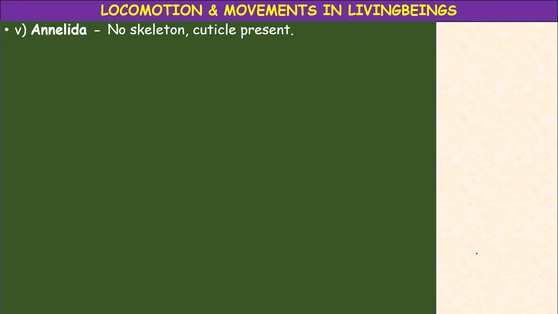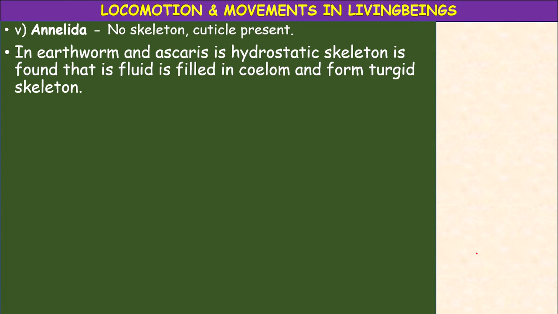Next, in annelids no skeleton, cuticle is present. In earthworm and ascaris, ascaris being a helminth, a hydrostatic skeleton is found, that is fluid filled in the coelom body cavity. For example, this is the outer wall and the intestine, between them some space is present, in which fluid is flowing.